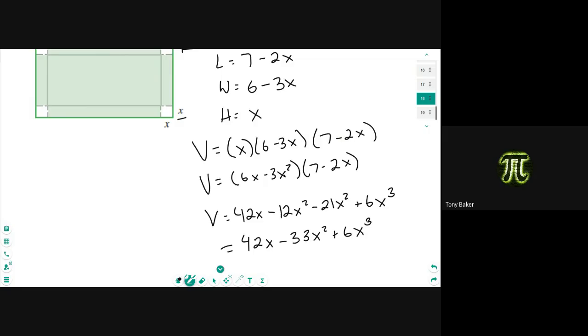All right, so now I take the derivative of that. So I've got 42 minus 66x plus 18x squared.